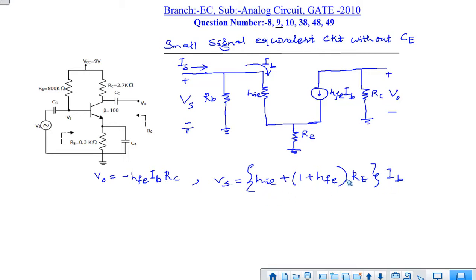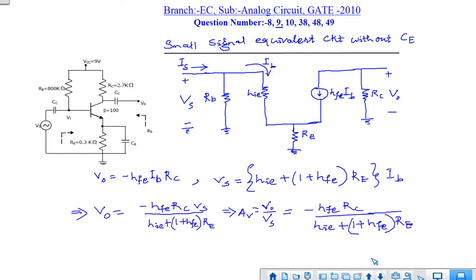By simplification we get the voltage Vs to be hie plus (1 plus hfe) whole into RE, into IB. We get the voltage gain V0 by Vs by simply dividing these two. So the voltage gain comes out to be minus hfe RC divided by hie plus (1 plus hfe) whole into RE.